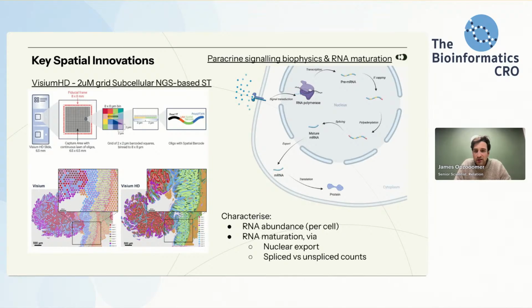So RNA abundance, RNA localization, and also RNA splicing at the subcellular level. And we can use these 2 micron pixels to approximately reassemble single cell data based on image segmentation tools in the imaging modality to create approximately single cell data.